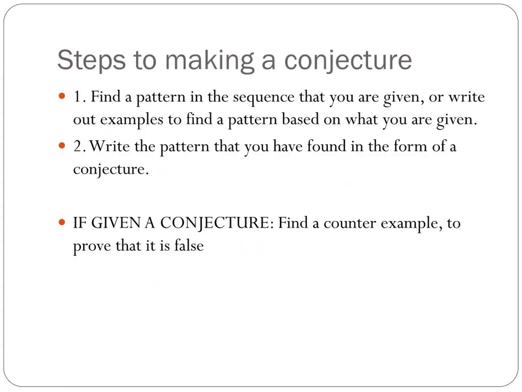So these are the steps to make a conjecture. Find a pattern in the sequence that you are given, or write out examples to find a pattern. Then write the pattern that you have found in the form of a conjecture. If given a conjecture, find a counterexample to prove that it is false.